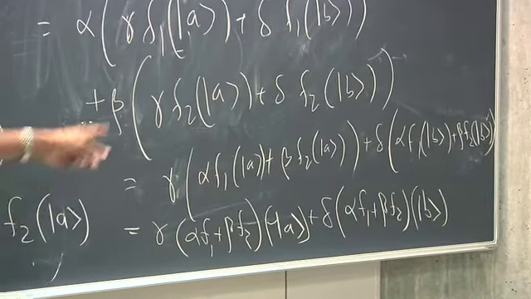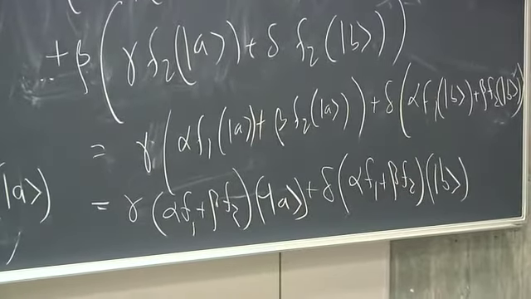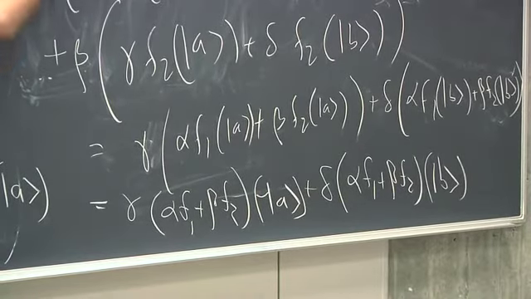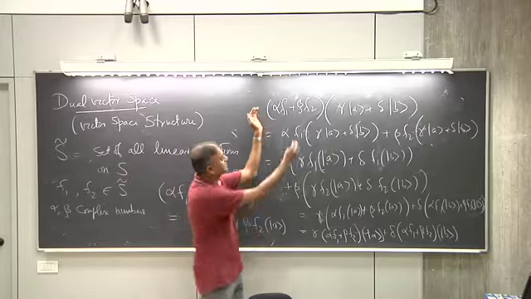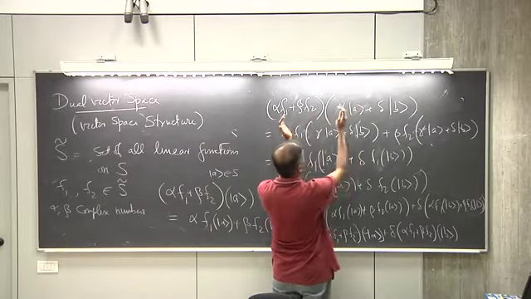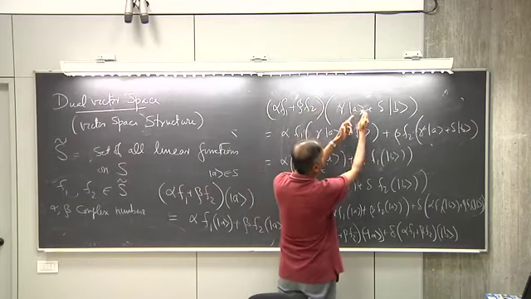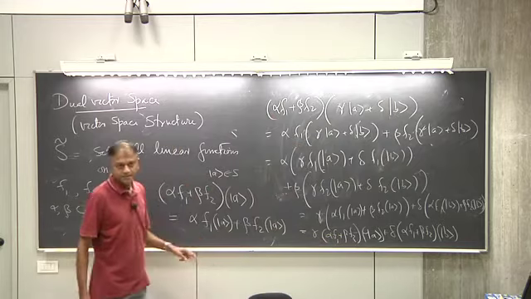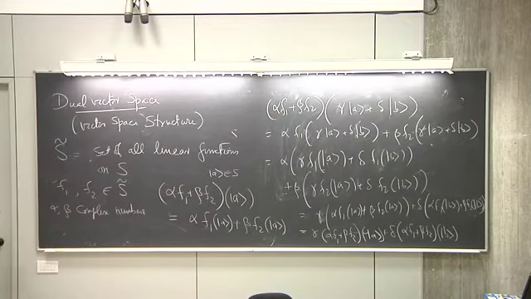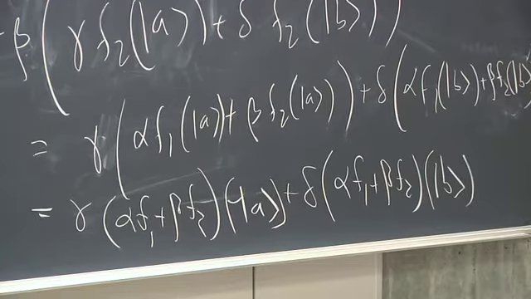So you see that whatever definition we have given defines a linear function. Because this acting on that should be gamma times this acting on A plus delta times this acting on B, which is indeed what we are finding. Okay. So this is a good definition. This addition gives you a function which is again linear, so which is again in the same set, S tilde.